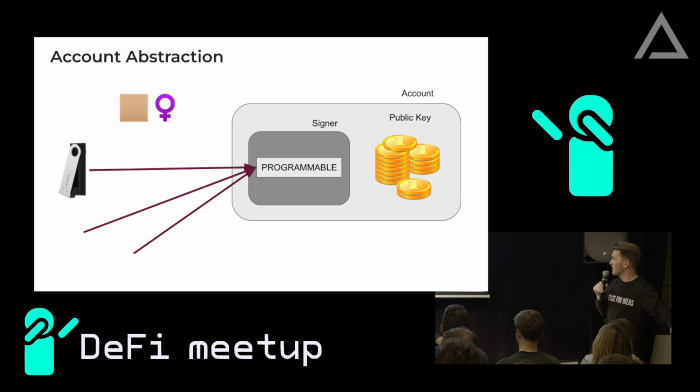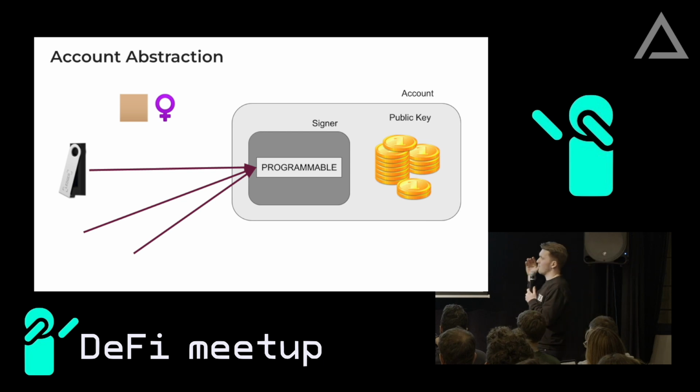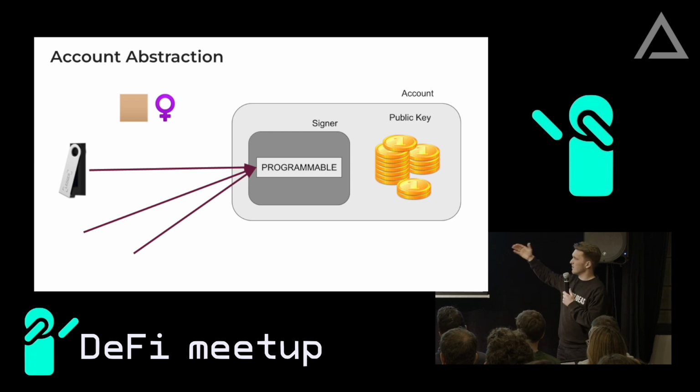So in this case, the user can have different devices. They can have the Ledger, they can have their phone, they can have their laptop. All of those devices can hold some kind of passwords or secrets. You know, newer phones have security enclaves that hold very secure pieces of information or passwords.